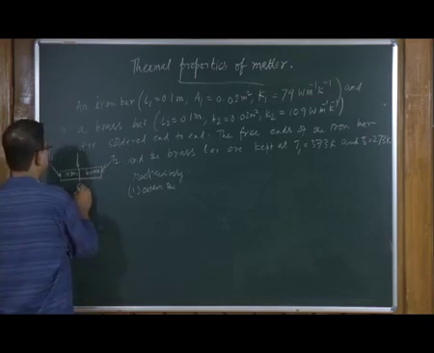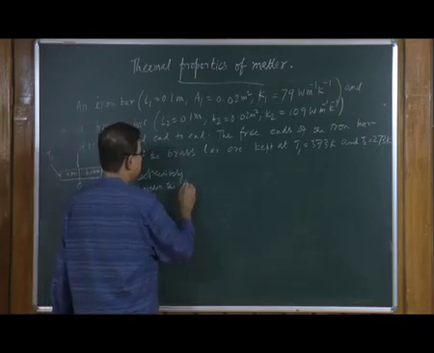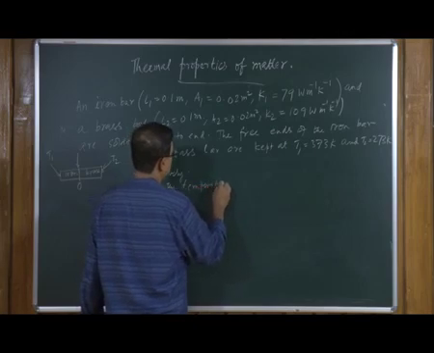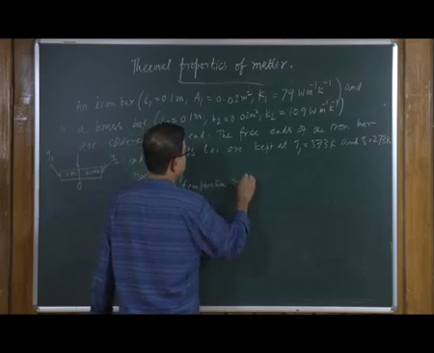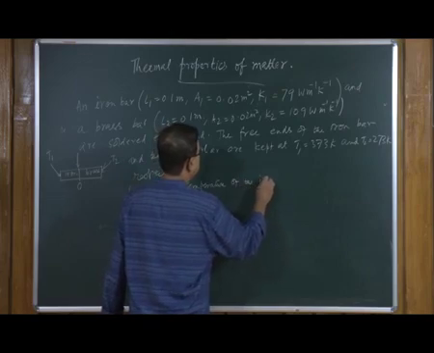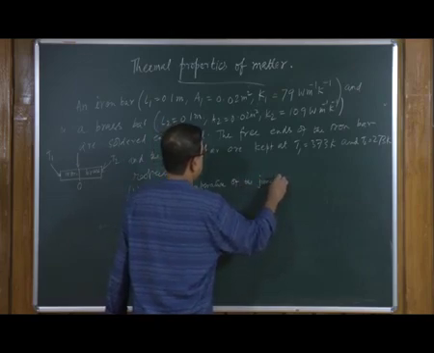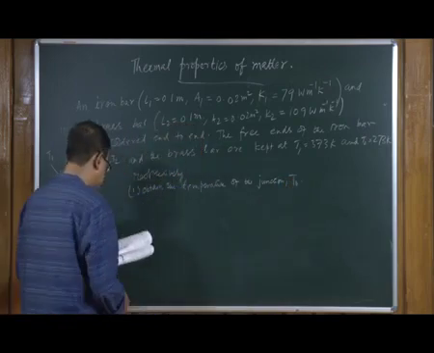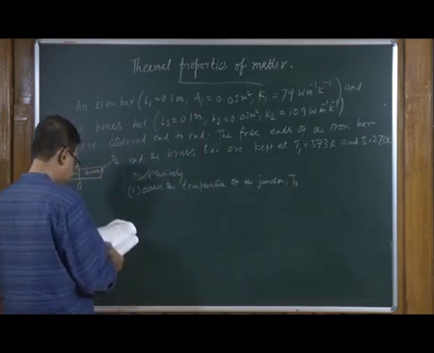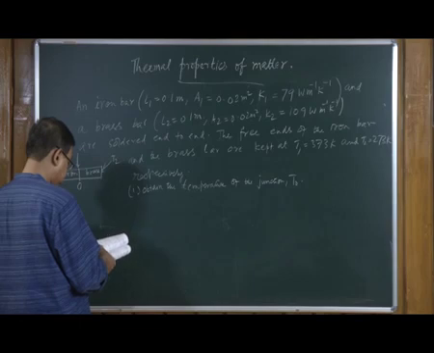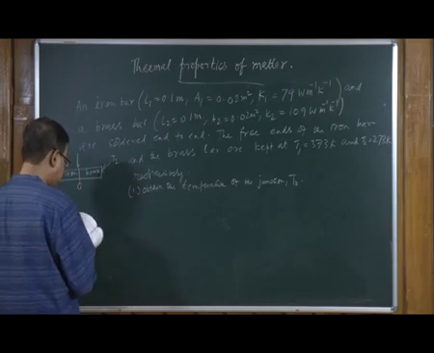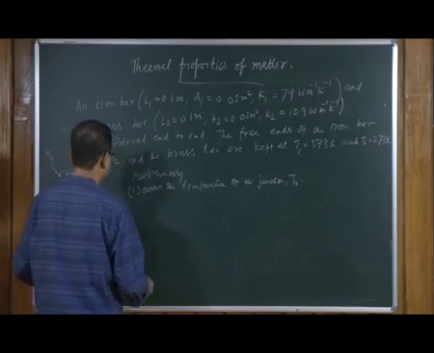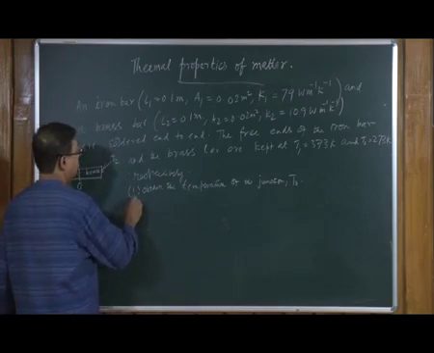Let us call this point O. Obtain the temperature of the junction, let us call it T0. Second part is to obtain the equivalent thermal conductivity of the compound bar.